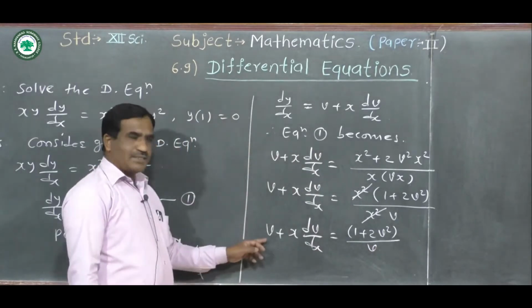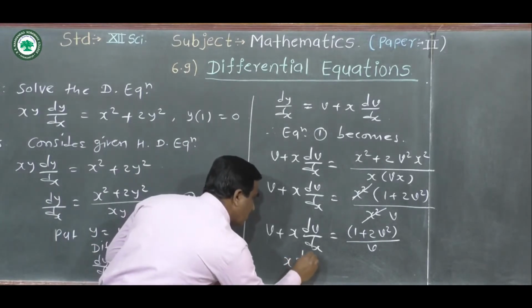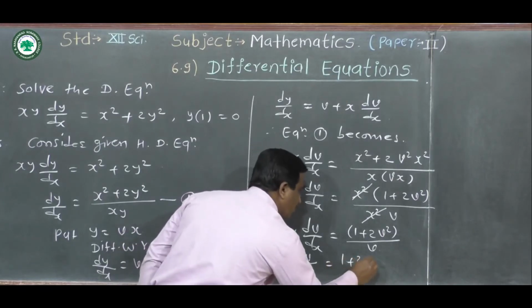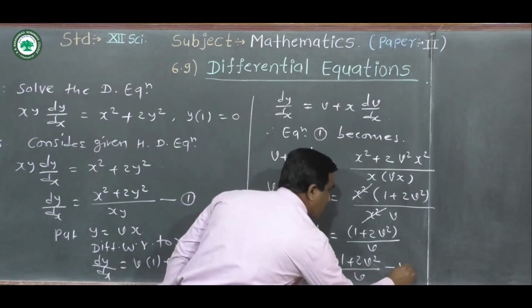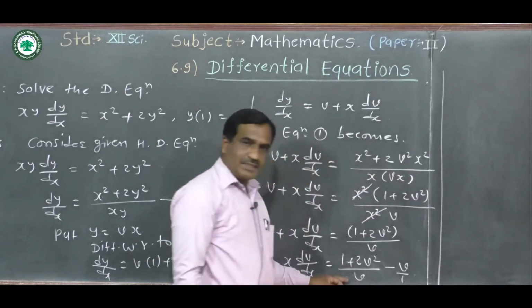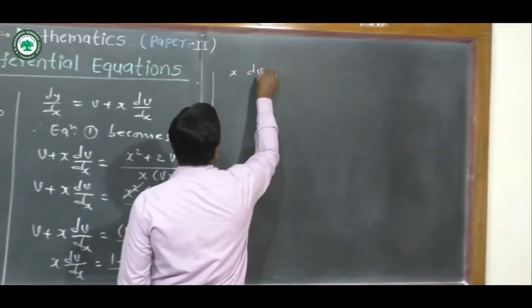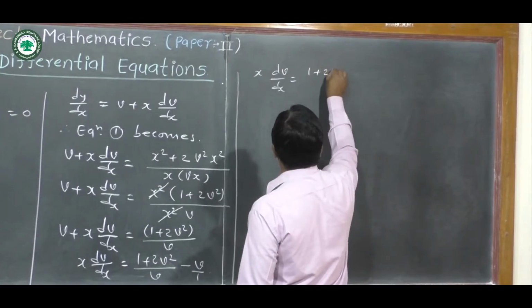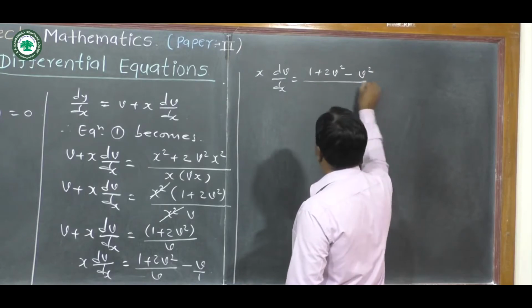Okay, now we can take this v to the RHS, then we can write x into dv by dx is equal to 1 plus 2v square upon v minus v upon 1. Now take this addition. Therefore we can write here x into dv by dx is equal to 1 plus 2v square minus v square upon v.